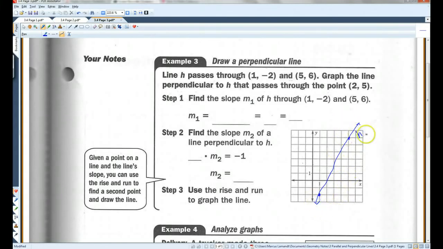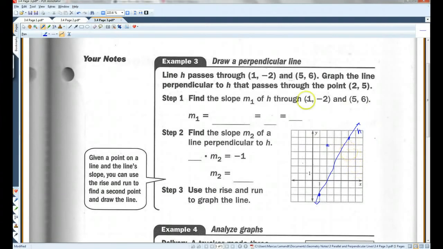So this is line H. Graph the line perpendicular to H that passes through point 2, 5. 2, 5. 1, 2, 3, 4, 5. So I need to draw a line perpendicular through that point.